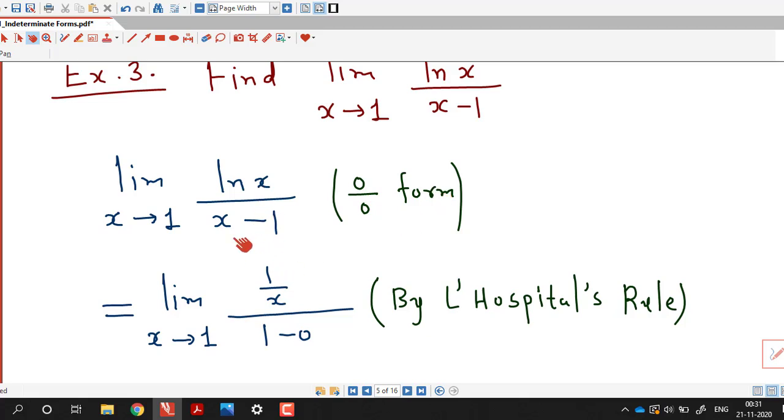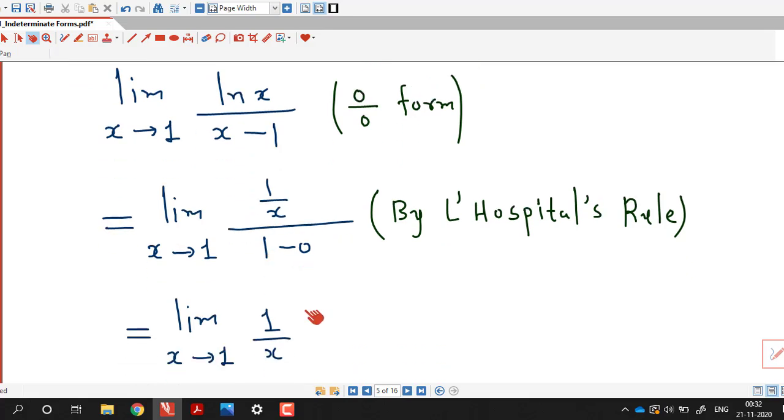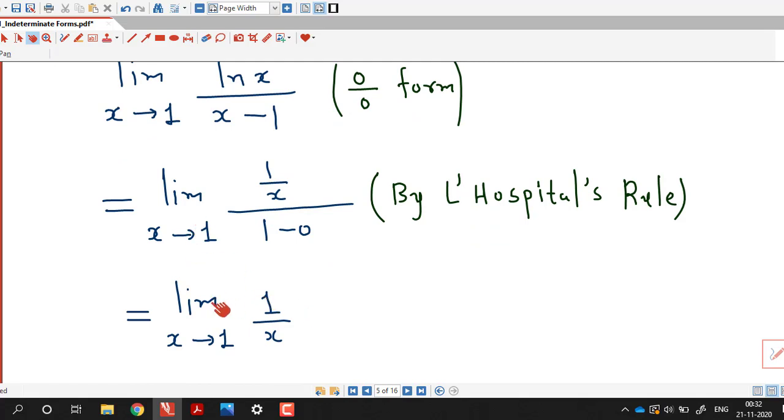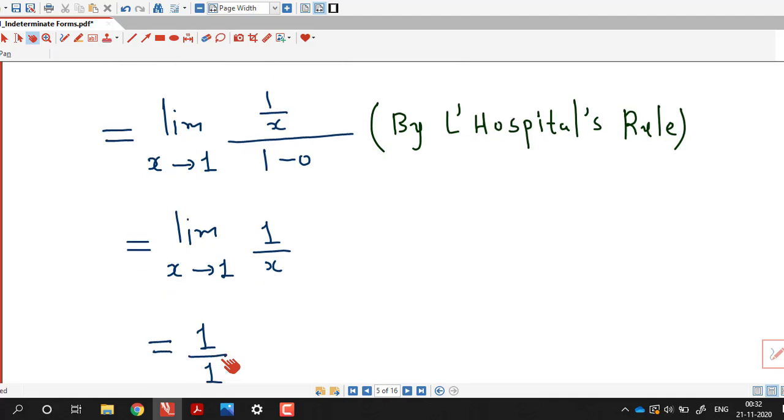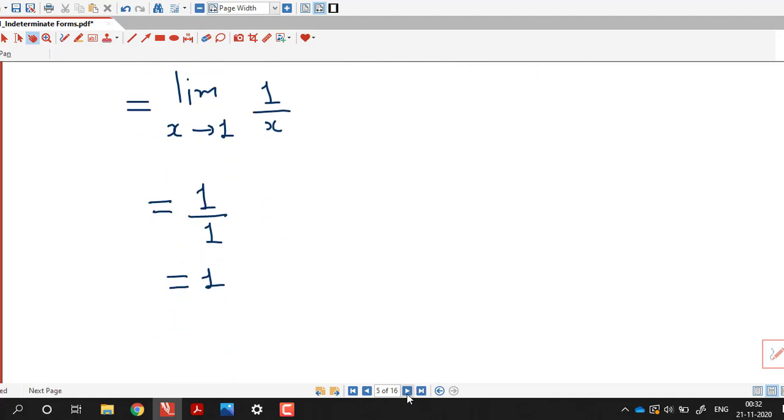So we take derivatives of log x and x minus 1 separately. So derivative of log x is 1 by x, and derivative of x minus 1 is 1 minus 0, that is 1. So this is now limit of 1 by x as x approaching 1, and if we substitute x equal to 1, we have answer is 1.